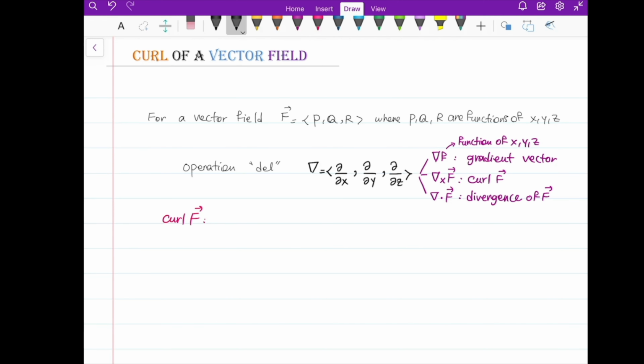And basically curl of a vector field F measures failure of conservativeness.